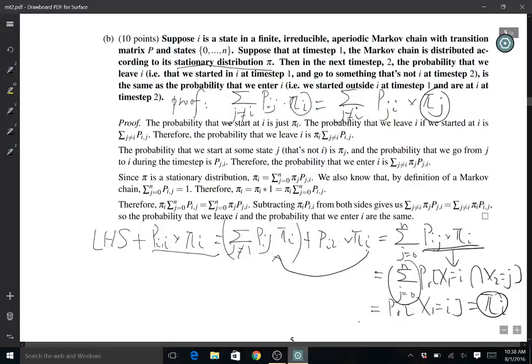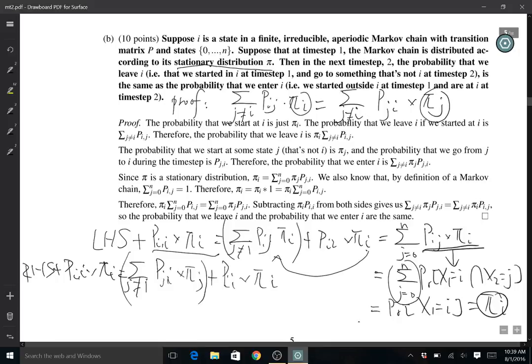Okay, now look at the right-hand side. We also add this value to the right-hand side, Pii times pi i. This is equal to the summation over j not equal to i of, sorry, actually it's not Pij, it's Pji times pi j, plus this thing in parentheses, Pii times pi i.